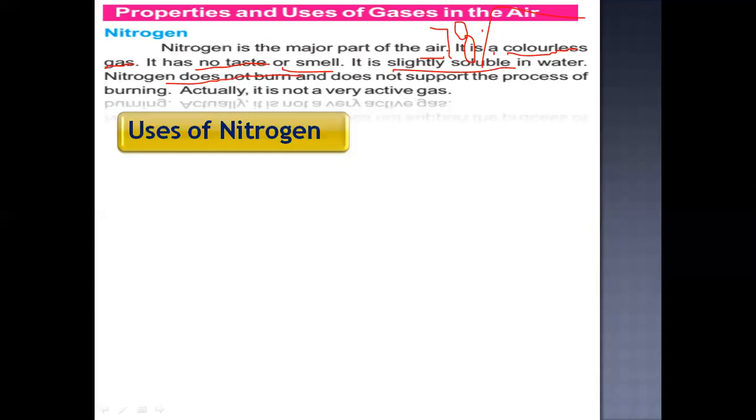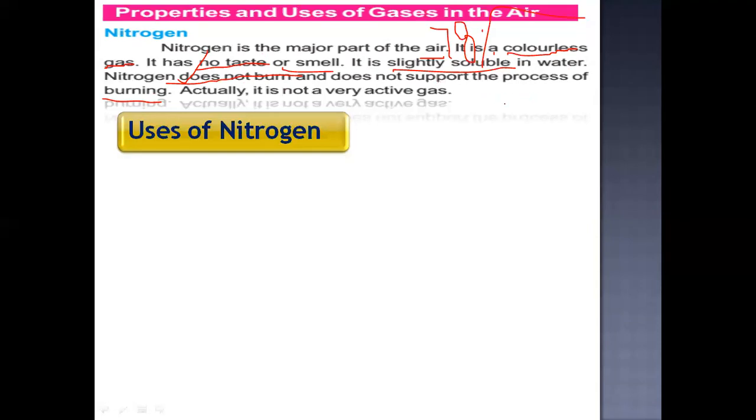That's why it is present in large quantity in the atmosphere, because it does not burn and does not support the process of burning. So it has lots of uses due to this property. Which gas is used for burning? Yes, that is oxygen.